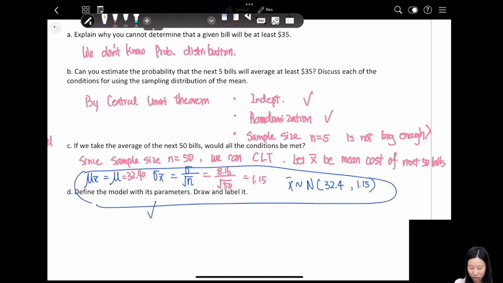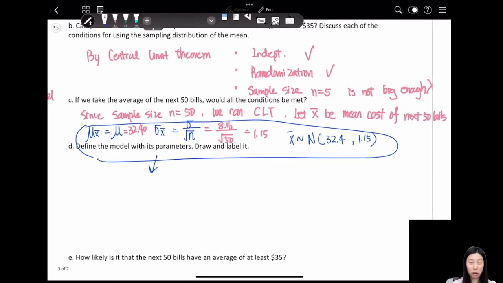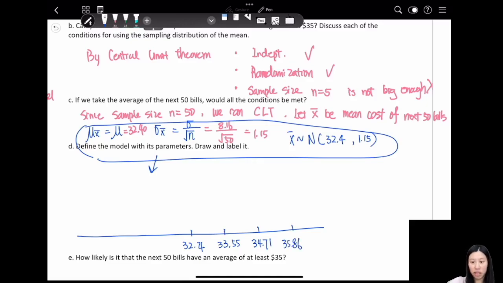Here, we already defined the model, which is a normal distribution model, and now we still need to draw it. We have the mean at 13.40, and one standard deviation is 13.40 plus 1.15, which is 14.55. Two standard deviations would be 15.70, and three standard deviations would be 16.85.